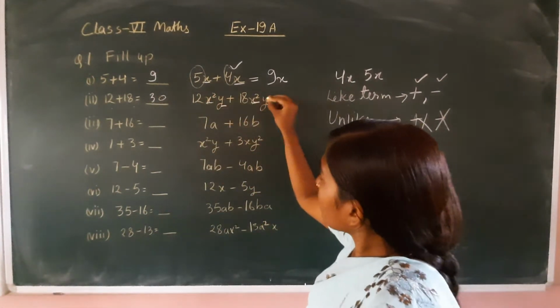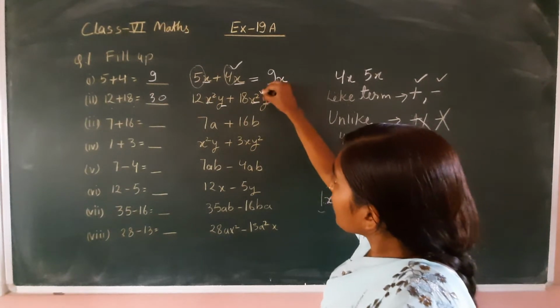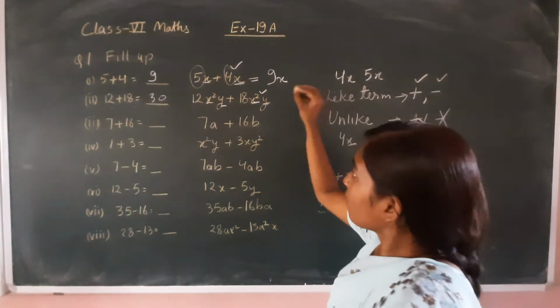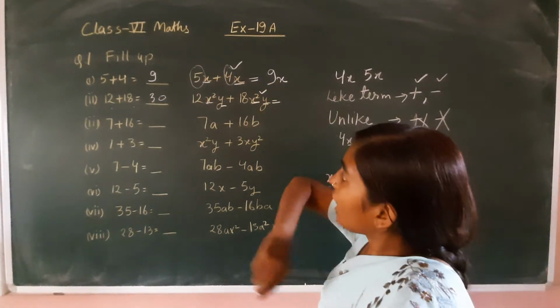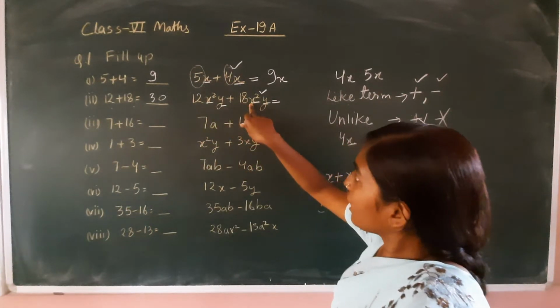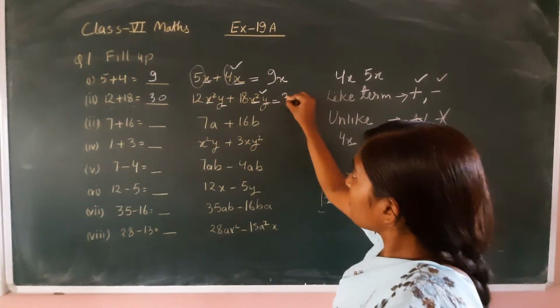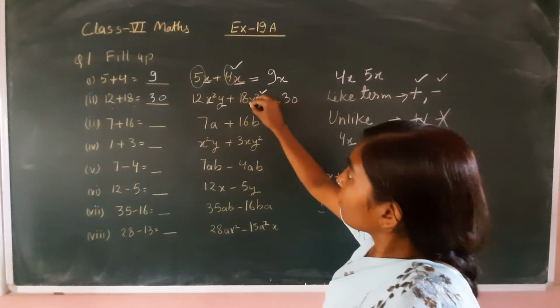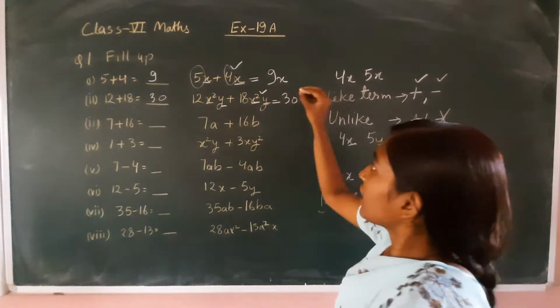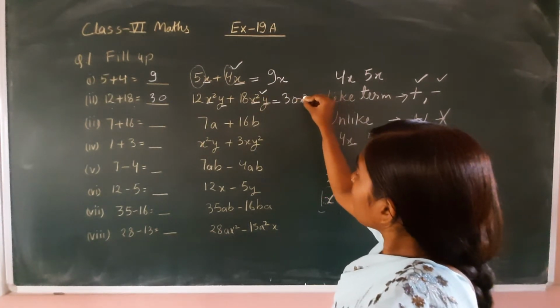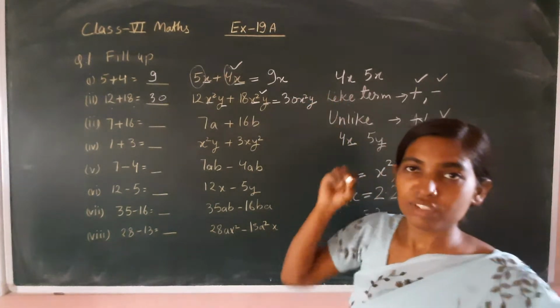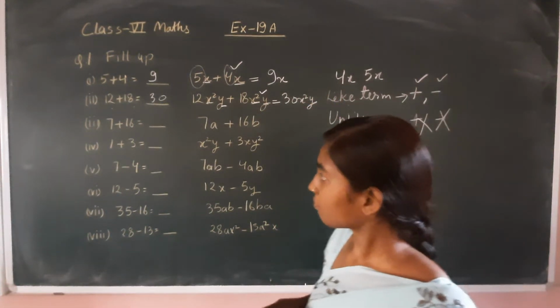Here is y, here is y. Means yes, they can be added up. 12 plus 18 will get added. The answer is 30 and I will write the variable only one time, that is x square y. So this is the answer.